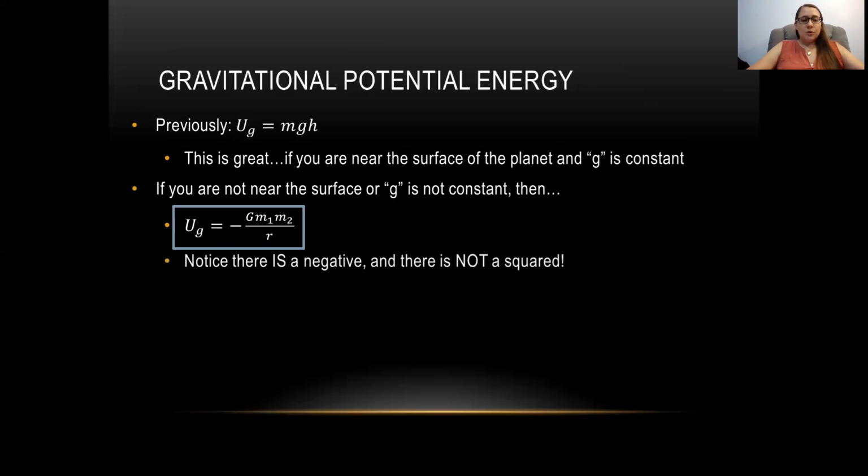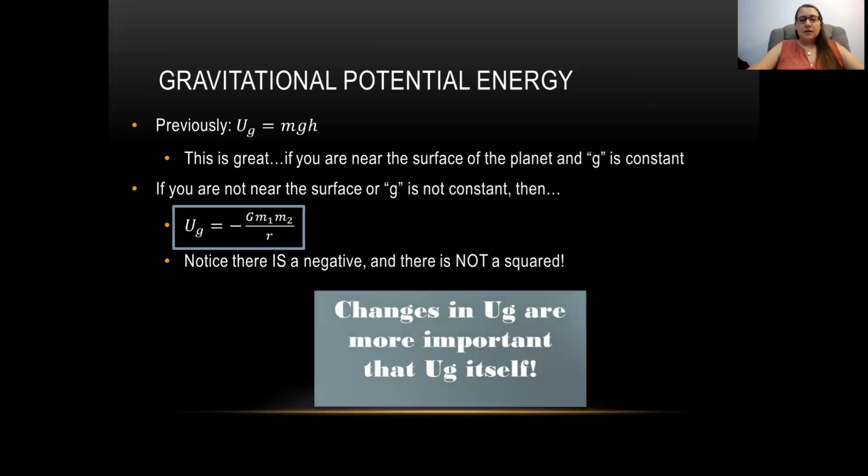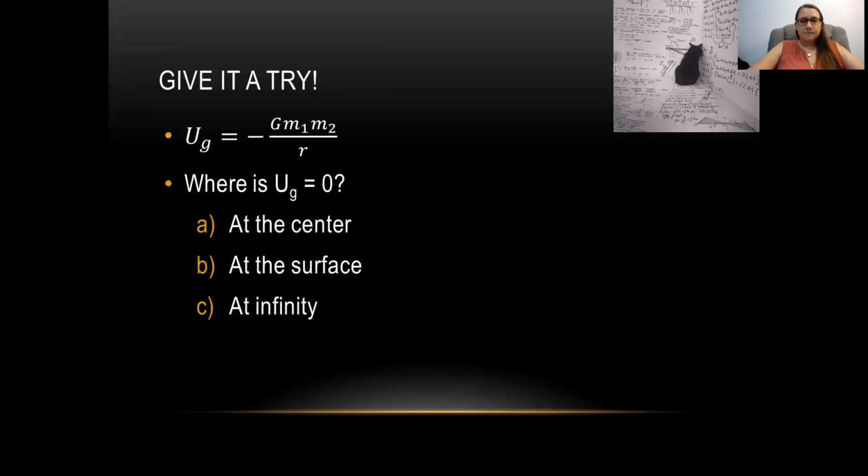Okay. So notice that there is a negative sign for this equation, and there is not a squared in the denominator. So this means that changes in this potential energy are more important than the potential energy itself. Okay. It's that change that really matters for us. So here's our equation for gravitational potential energy.